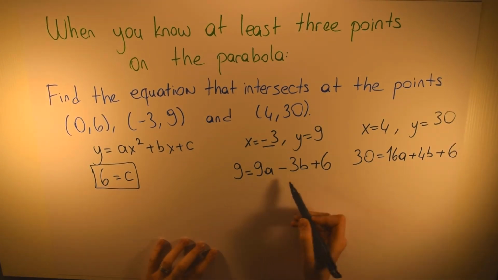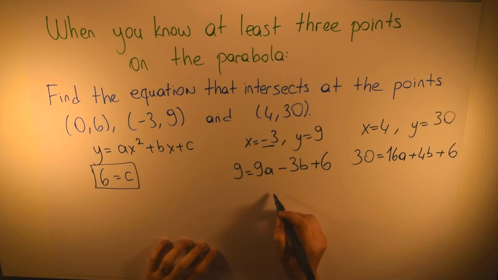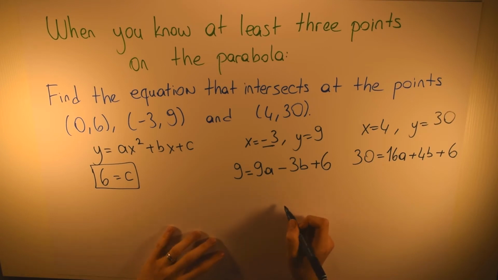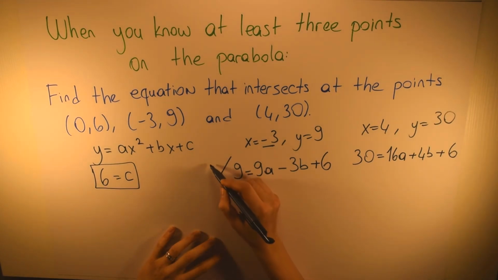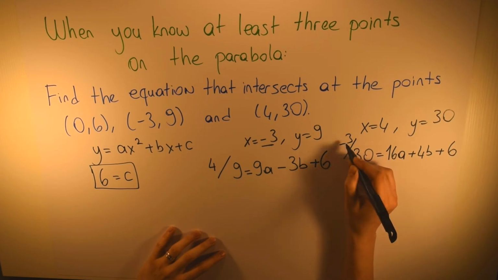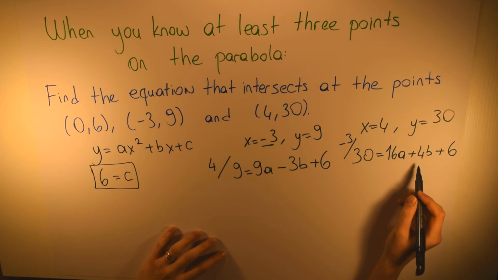So as you can see, we found another equation here. So we will try to eliminate one of these unknowns. So if I multiply here by 4, and then this equation by minus 3, these b values will actually cancel each other out.